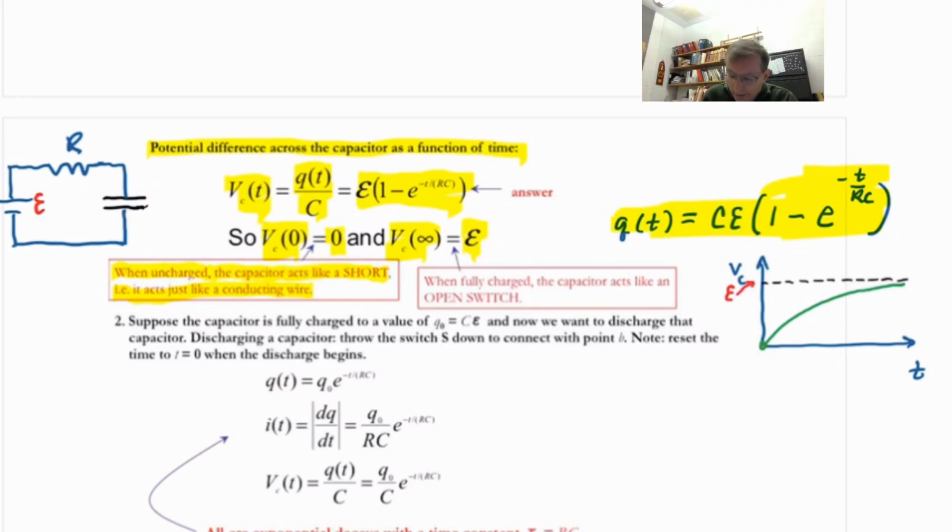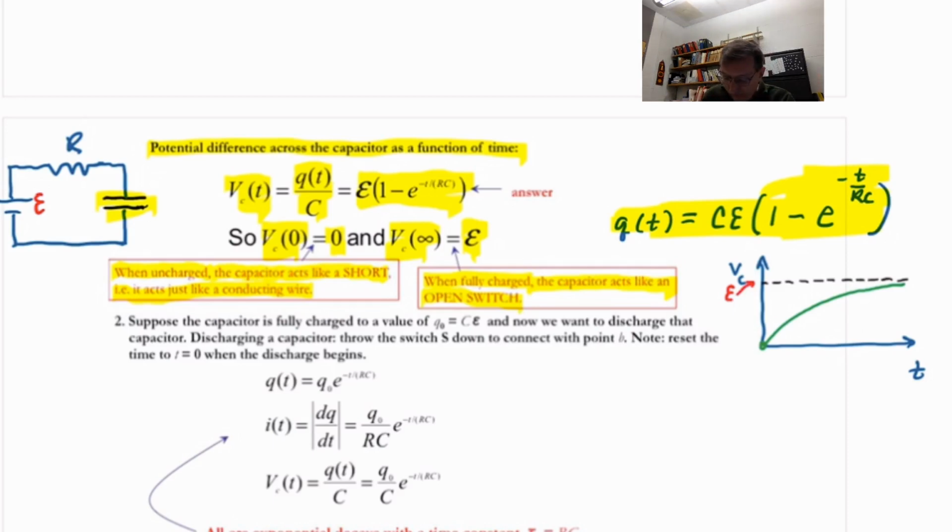And the somewhere is where the charged up capacitor is sitting. So the other thing to note then is when fully charged, the capacitor acts like an open switch. And there's no current in the branch where the capacitor is. Those are two very helpful things, those statements in red that are in the boxes, when you're analyzing a circuit.